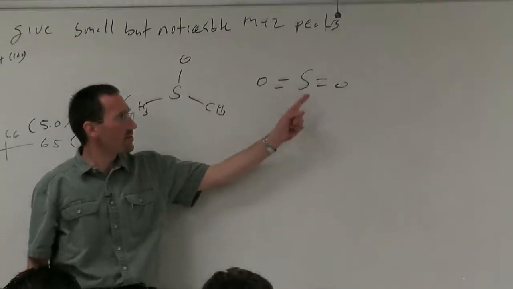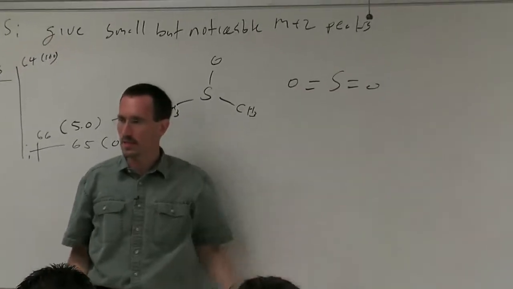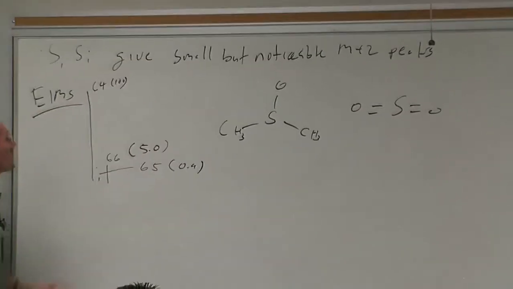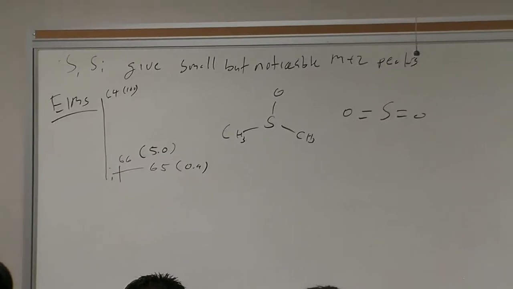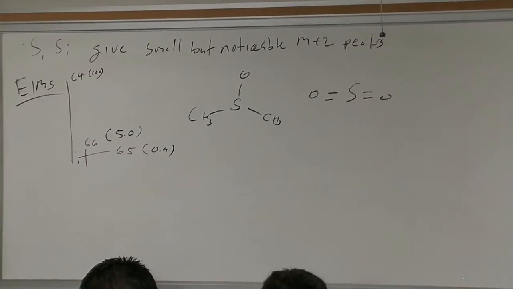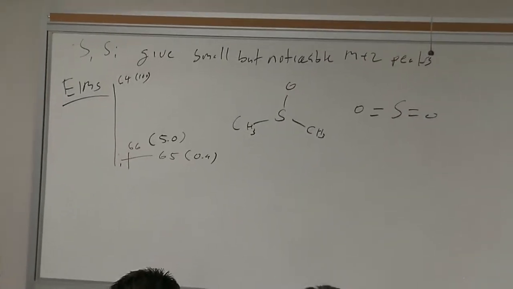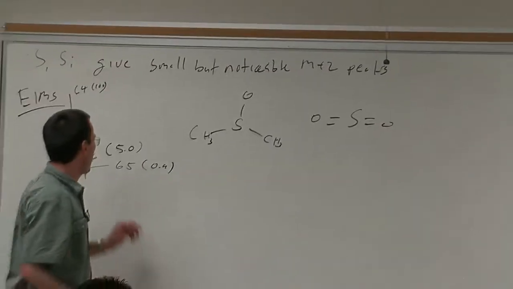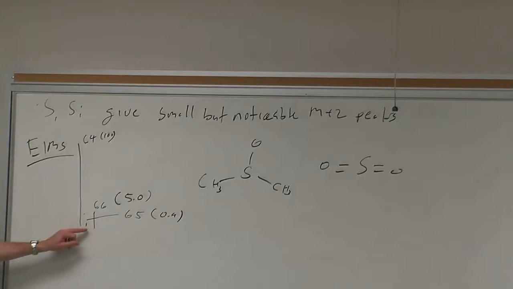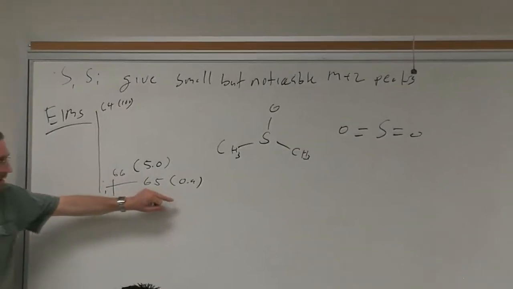Mass works out, right? 32, 16, 16. So that's 64. What about the isotope pattern? Pretty consistent. You have your sulfur giving rise to a little bit more here.